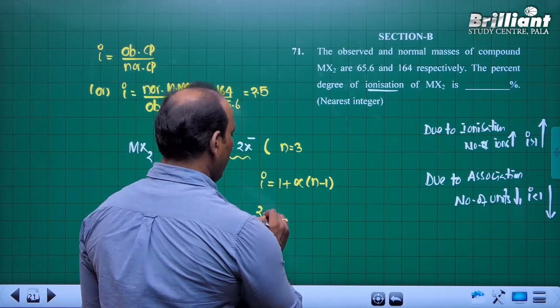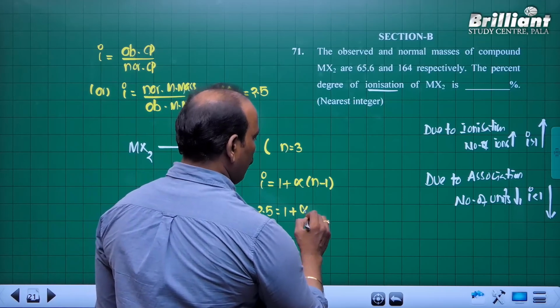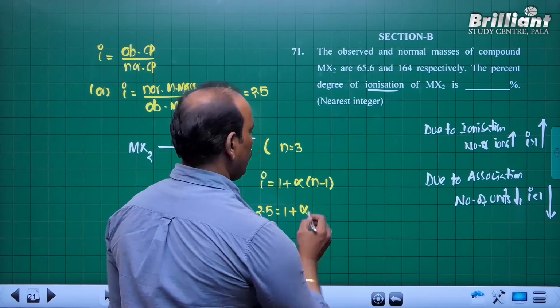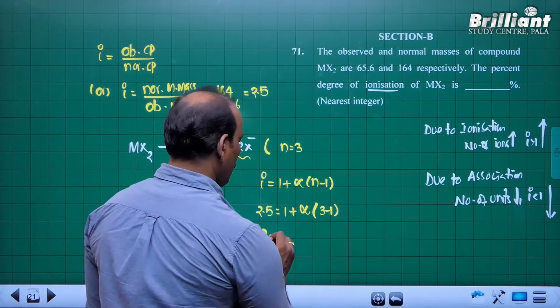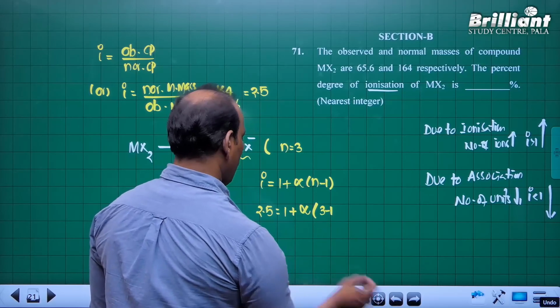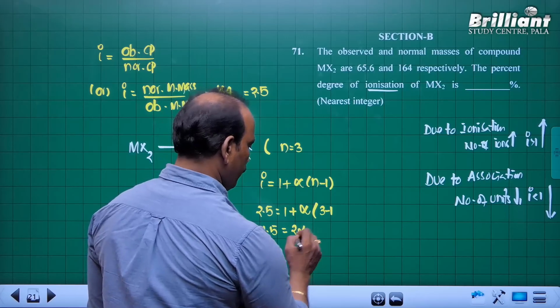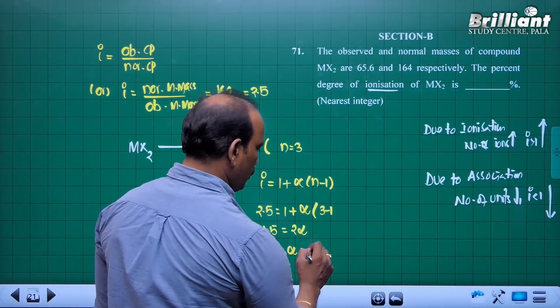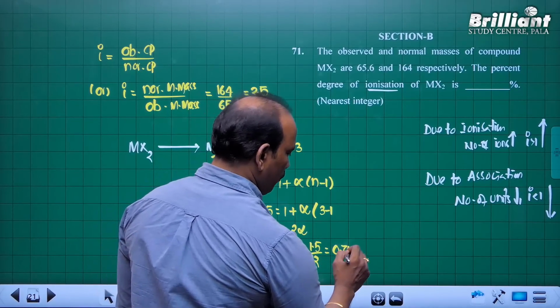Therefore 2.5 equals 1 plus alpha into (3 minus 1), so 1.5 equals 2 alpha. Therefore alpha equals 1.5 by 2, which is 0.75.